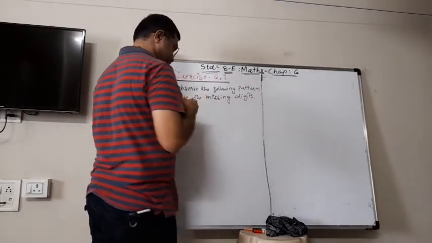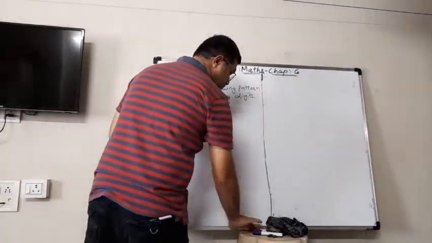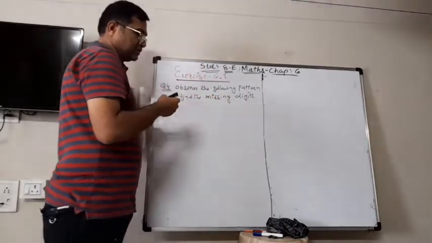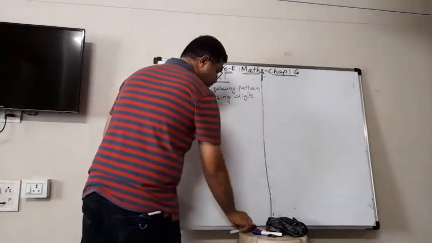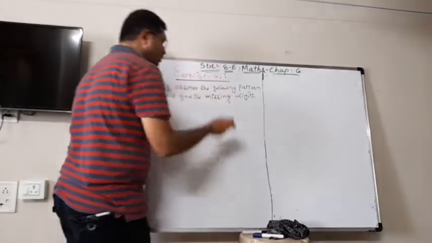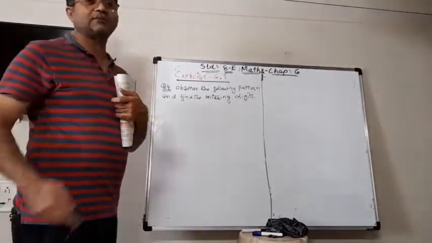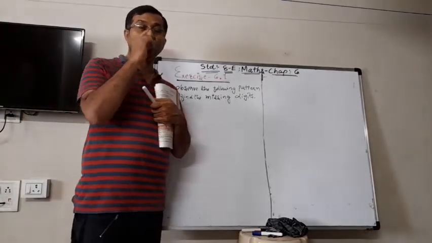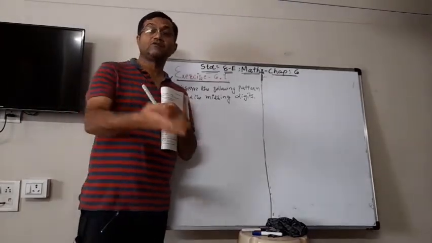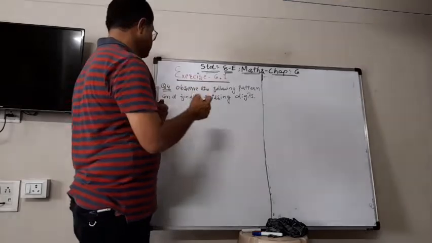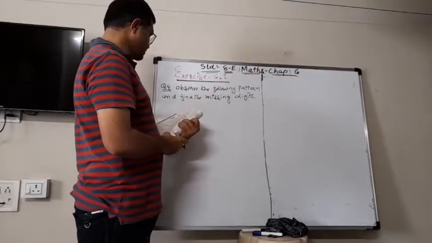Here the pattern is given, and we have to follow it, and in the last there will be some numbers in which some digits are missing. We have to put in those digits. So first we will see the patterns.